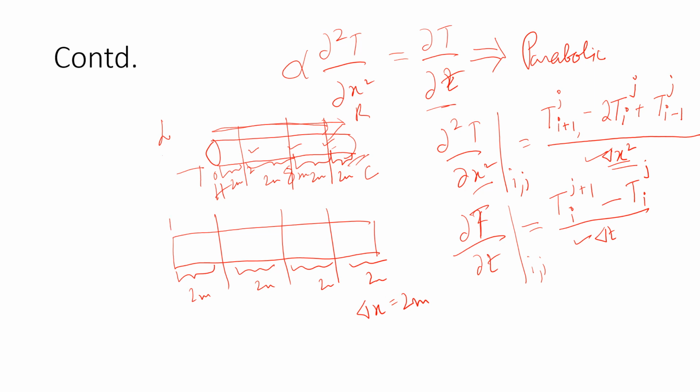And if I begin this positional coordinate x, if I assume x to be 0 at this point where I have applied the heat, then at this point x will be equal to 8. And at these points it will be 2 meter, 4 meter, 6 meter.